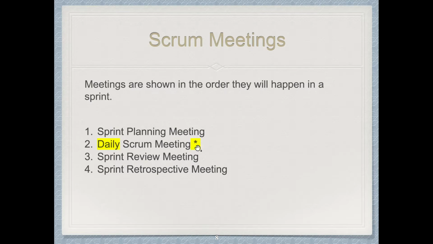And in regular expression notation, we use asterisks to mean that this is something we will repeat. So that means the other three kinds of meeting happen once in every sprint, but the daily Scrum meeting would happen 10 times in a 2-week sprint, and 20 times in a 4-week sprint. So the asterisk stands for repetition.